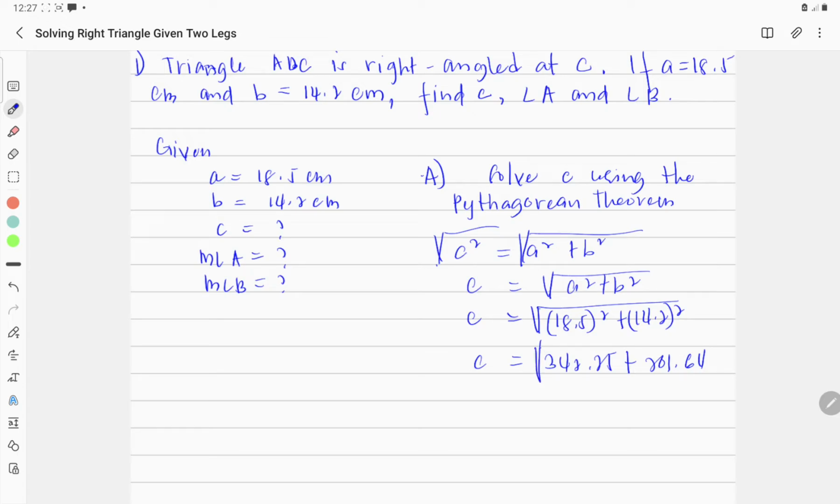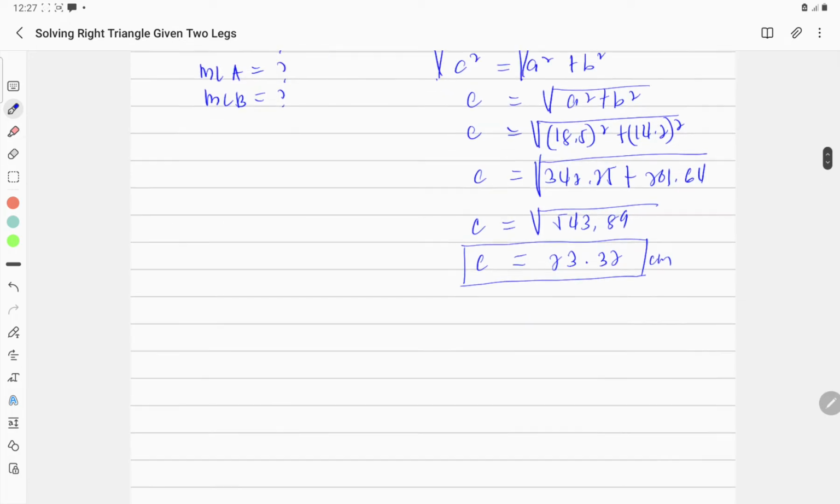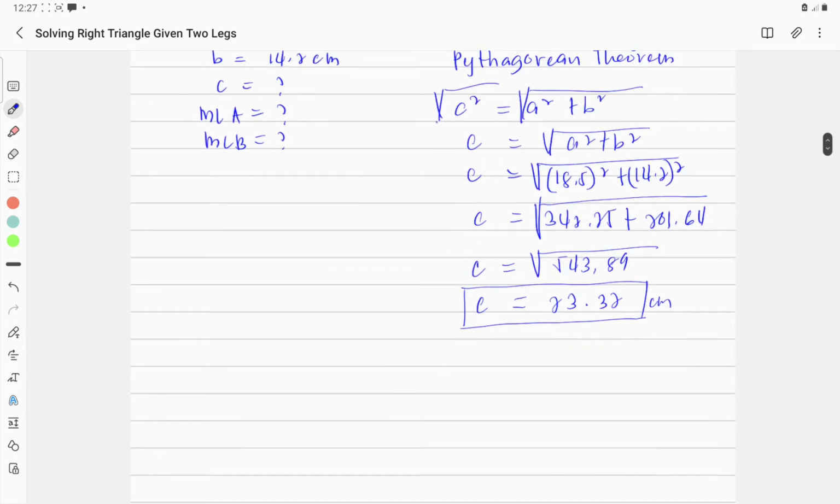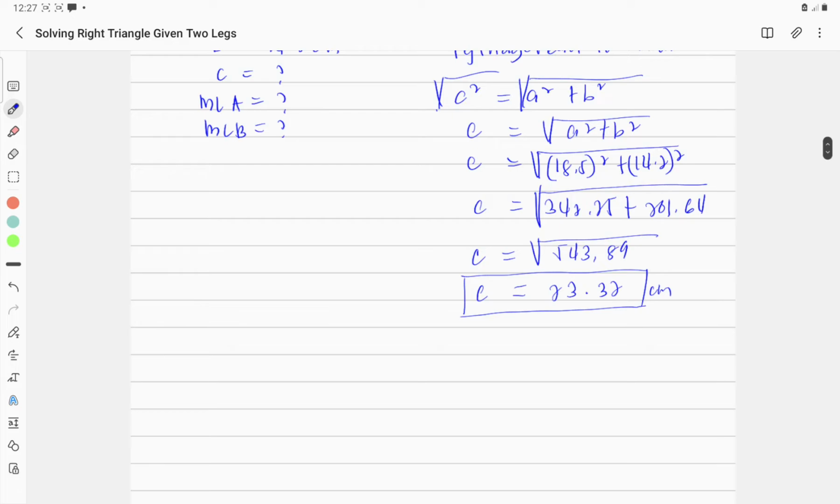Take the square root of the sum, the square root of 543.89. Extracting the square root, you will get 23.32. So we now have the measure of the hypotenuse.